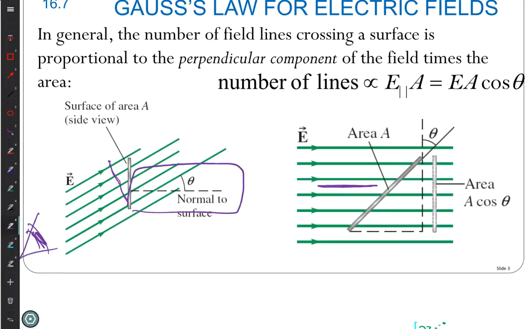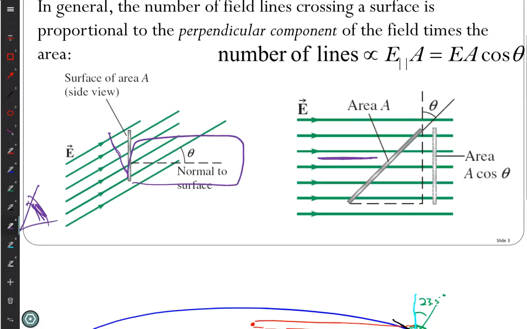Same idea we've talked about before. And theta then is the angle between the normal to the surface and the electric field. Given that, the effective area is the area times cosine of that angle between the normal and the electric field. And so the flux is EA cosine theta.